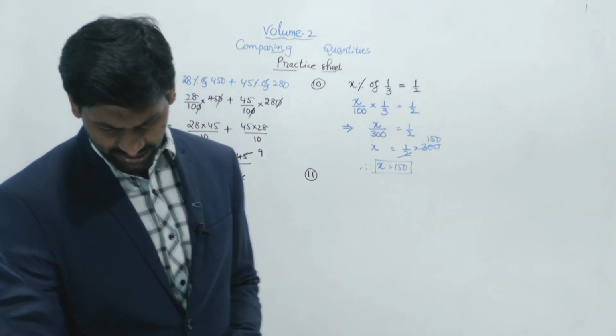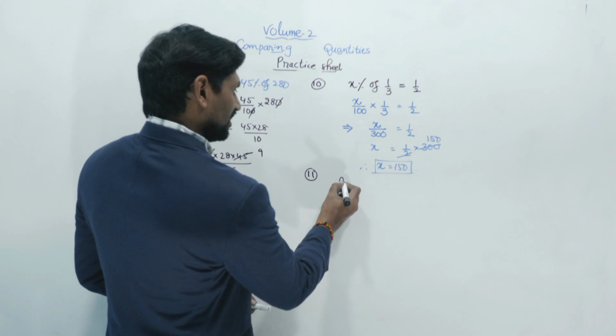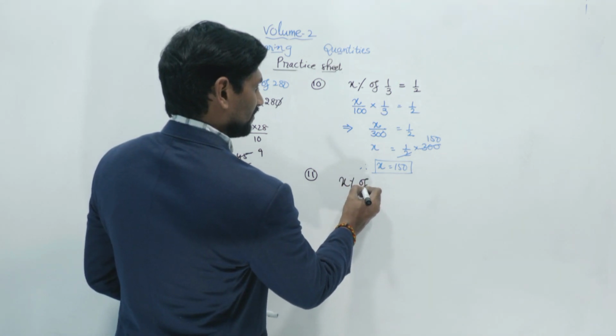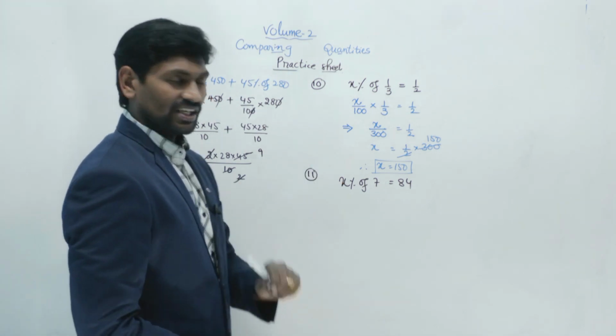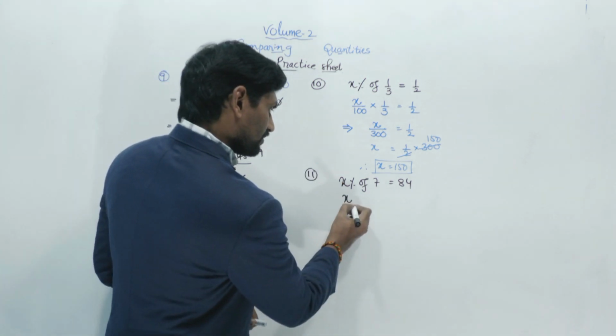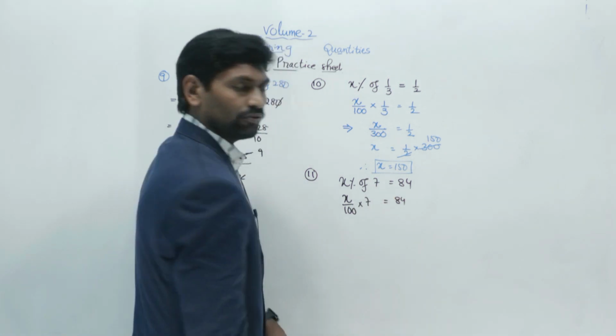The 11th question is: what percentage of 7 is 84? Same way, same process: x percentage means x by 100 into 7 equals 84.